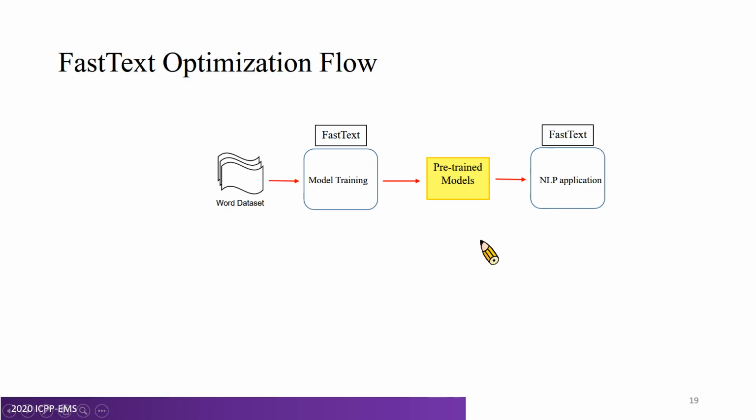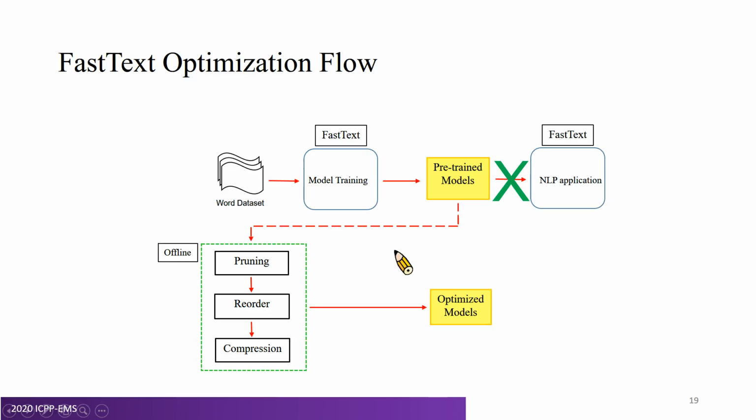However, in our flow, after loading the pre-trained model, we will prune the weights whose values are below the threshold, and then the pre-trained models will be optimized by our method. The above optimization process can be done offline, so the pre-trained models only need to go through our method once without bringing too much overhead to the runtime.